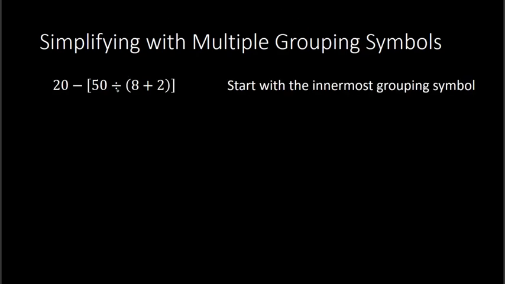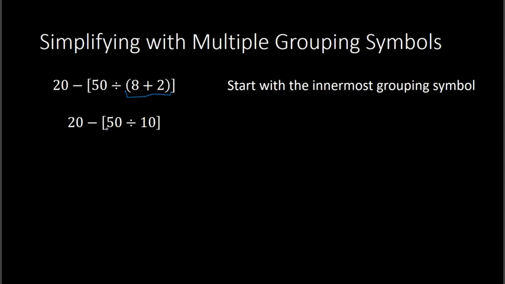So here we see that this 8 plus 2 is the innermost grouping symbol because that is surrounded by this other grouping symbol, the bracket. Okay, so we start with this first and then work your way out to the 50 divided by 8 plus 2 after. So 8 plus 2, we do that first. That gives me 10.